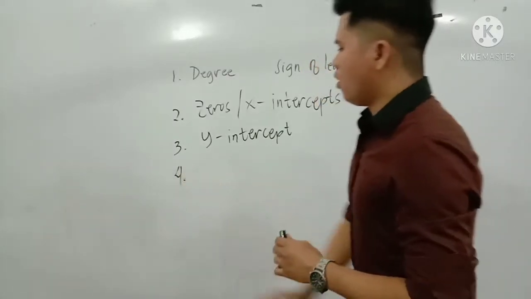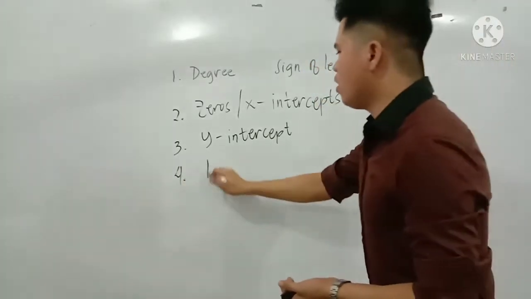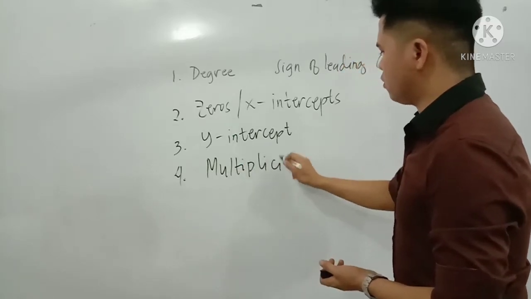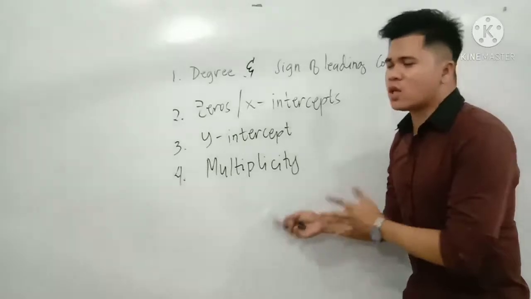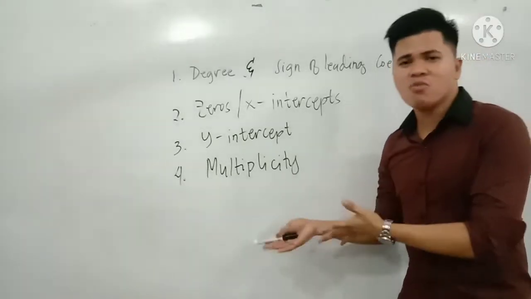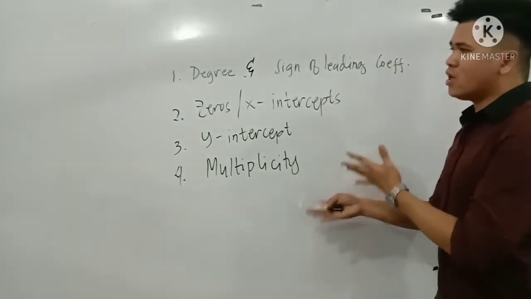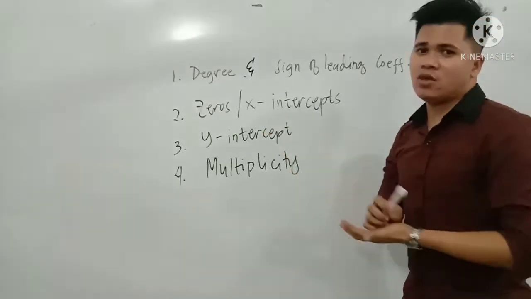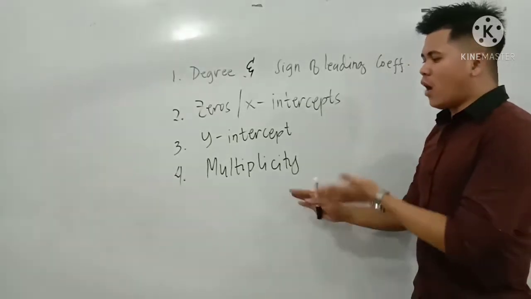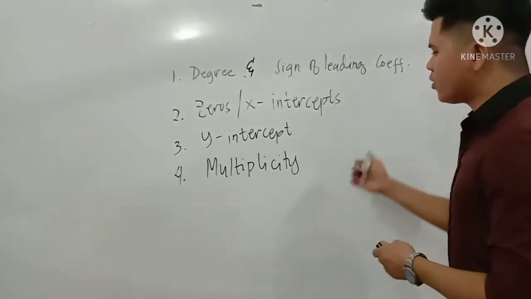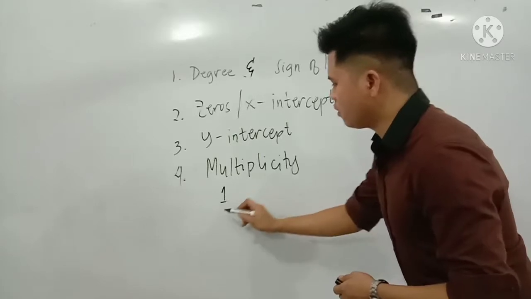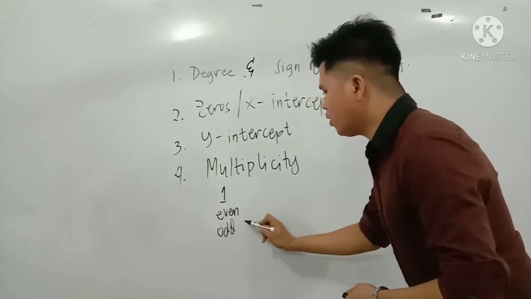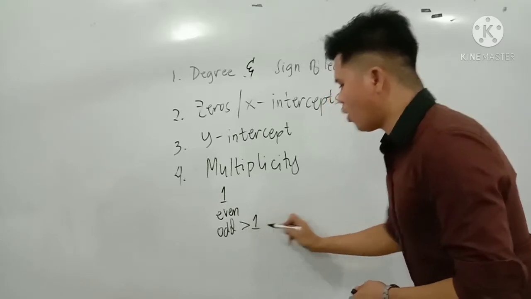Then, it is also necessary to know the multiplicity of the zeros. The multiplicity will tell us about the behavior of the graph once it touches or crosses the x-intercept or the zeros. Our multiplicity is either 1, an even number, or an odd number greater than 1.